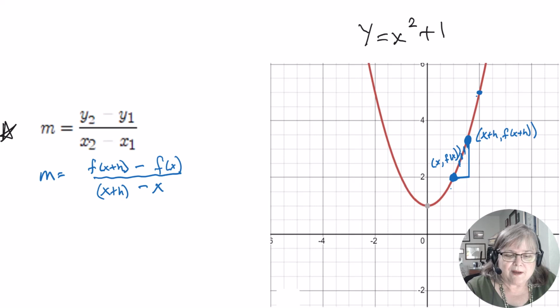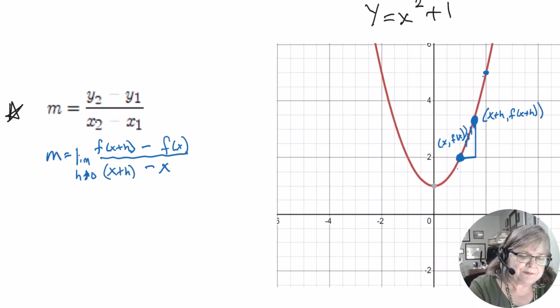And we're trying to make h get as small as possible so that the second point is as close to the first point as we can get it. And as you get closer and closer and closer to it, you are taking a limit as h approaches 0. And in some of the other videos, like the one especially over complex fractions and taking the derivative, I mentioned that you'll get really familiar with this h approaching 0.